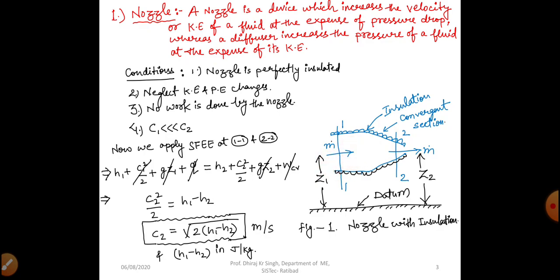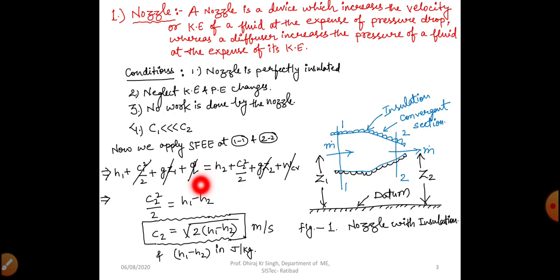Now, dear students, we will apply our steady flow energy equation at cross section 1-1 and cross section 2-2. Here is the equation: h1 plus C1 square by 2 plus g z1 plus Q equals h2 plus C2 square by 2 plus g z2 plus W_CV.